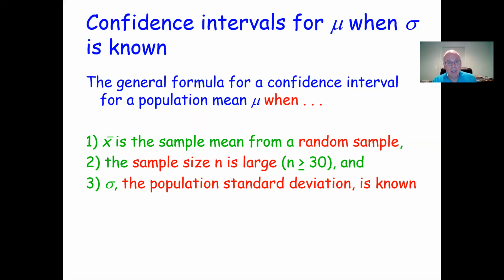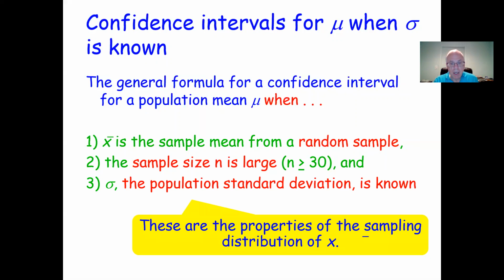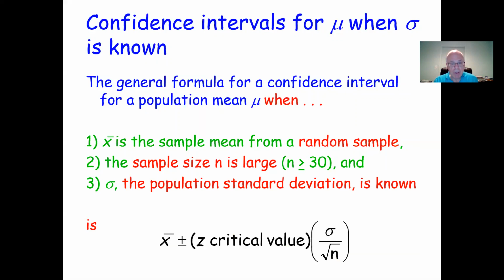Now, if we happen to know that the population standard deviation is known, then we're going to use this formula here for our confidence interval. That is, X bar is our point estimate, and we add and subtract our margin of error.